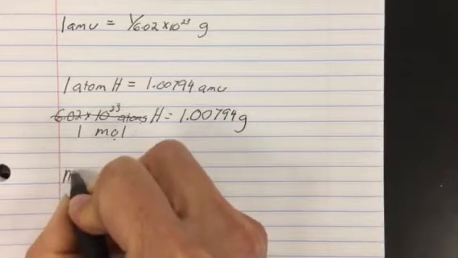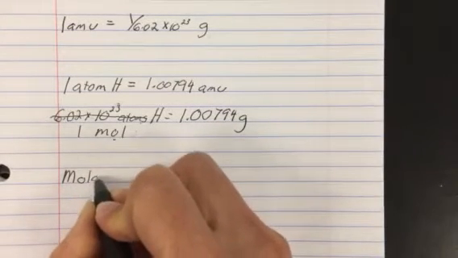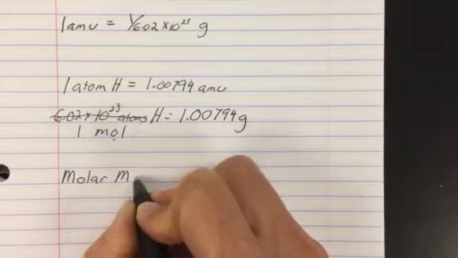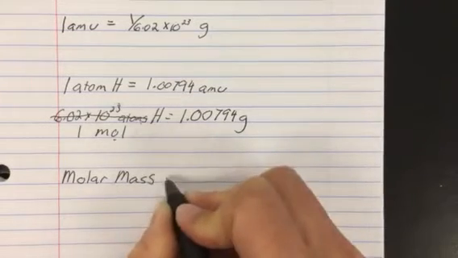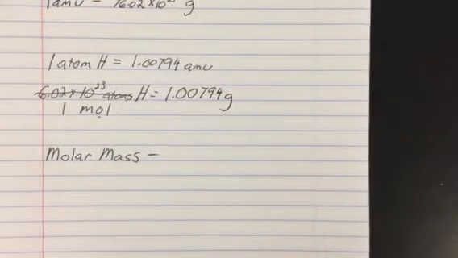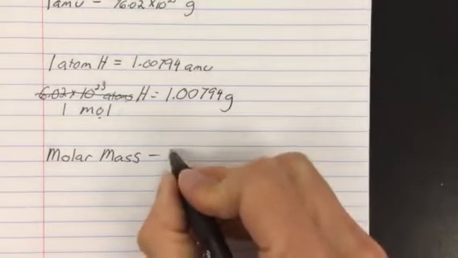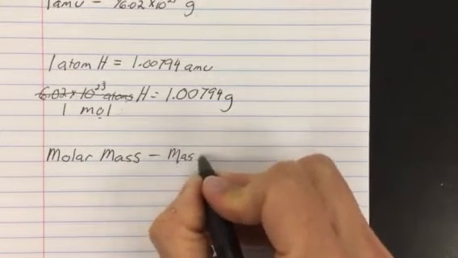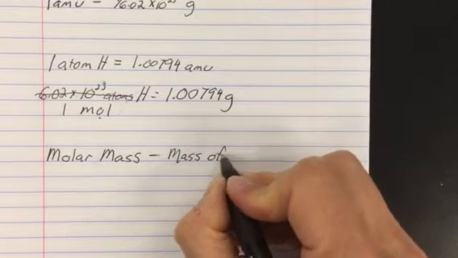So we're going to look here at what we call molar mass, which has the best definition ever. Kids are like, oh, I can't remember the definition for molar mass. It's really very simple. It is the mass of 1 mole of a substance.